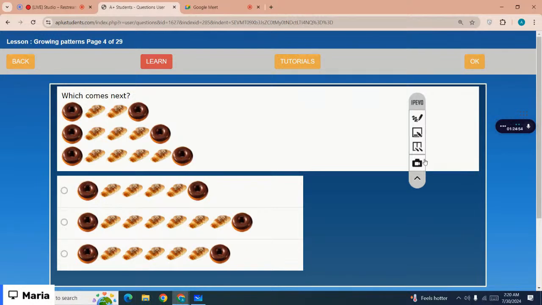Just the number of croissants are increasing. So option number 3 is the correct option.